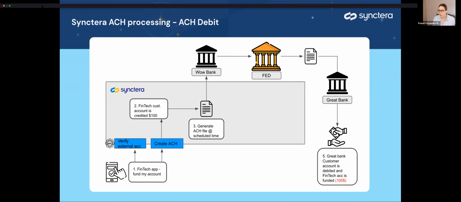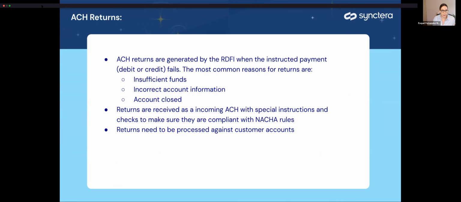Both of these scenarios that I presented are happy path. One thing that is really important to us, and we need to talk about, is returns. Not everything goes well all the time. Sometimes by the time the payment hits the external bank, in this case Great Bank, we can have errors. That's what we mean when we talk about ACH returns.